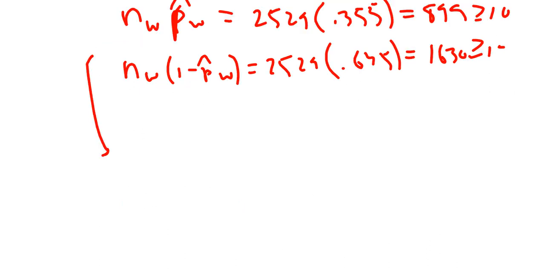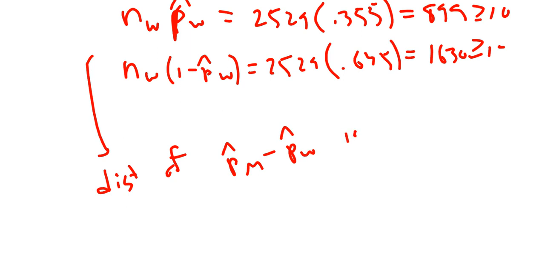So that tells us that the distribution of p hat men minus p hat women is approximately normal. Okay, so we're in really good shape now. We're ready to build our confidence interval. So the confidence interval looks like this. You have to pick an order.